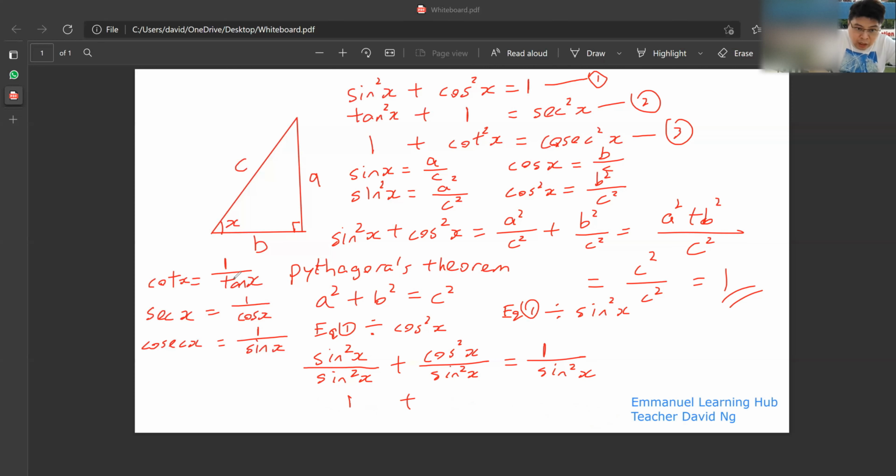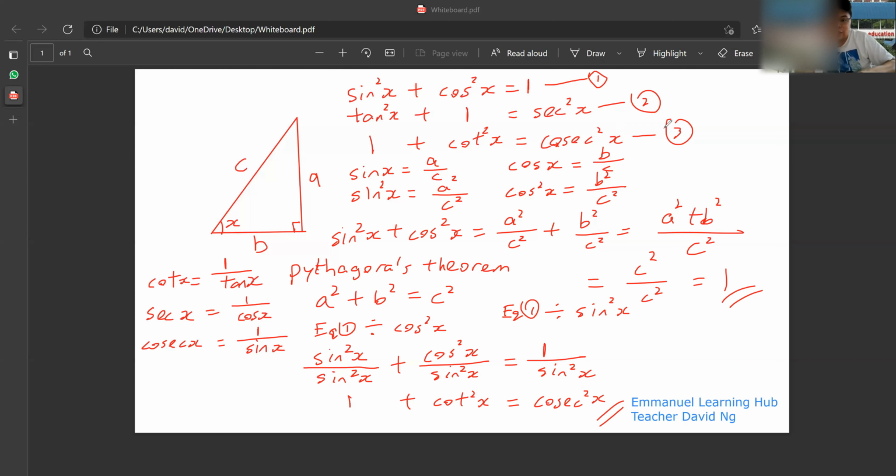Cosine square over sine square: cosine over sine is 1 over tangent, because tangent is sine over cosine. So this is 1 over tangent, so it's called cotangent square. And 1 over sine is cosecant. So it's proven. The third equation is also proven. So this is the proving of the first 3 trigonometric identities, the formulas.